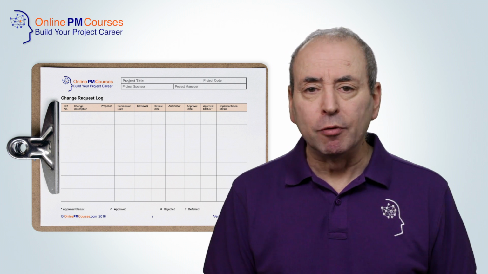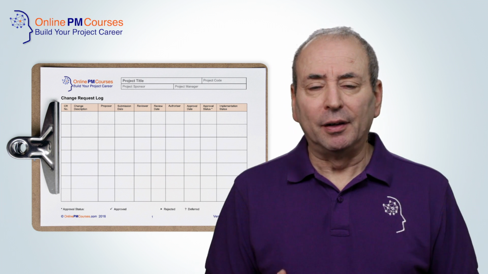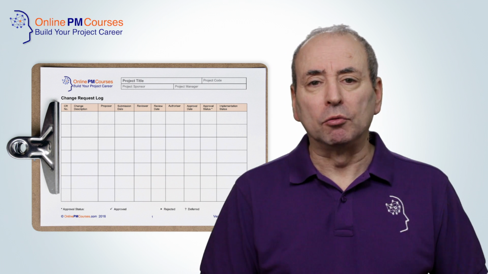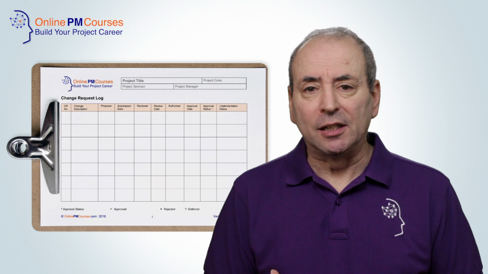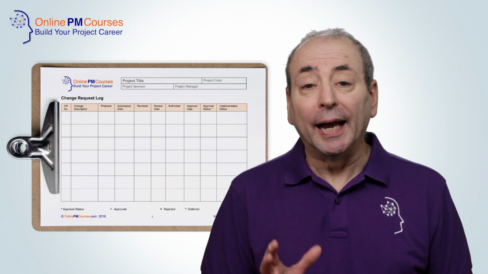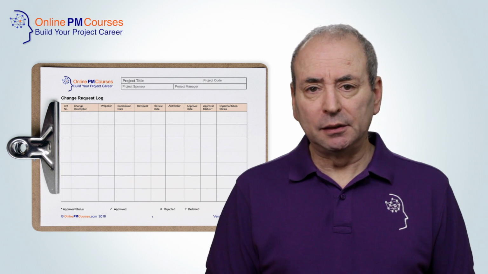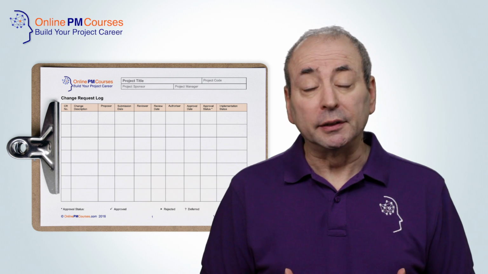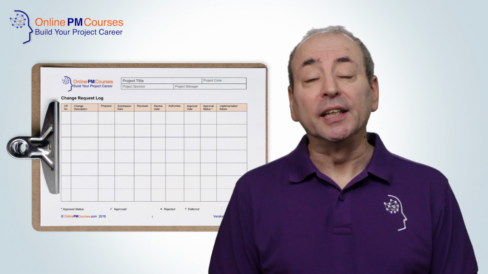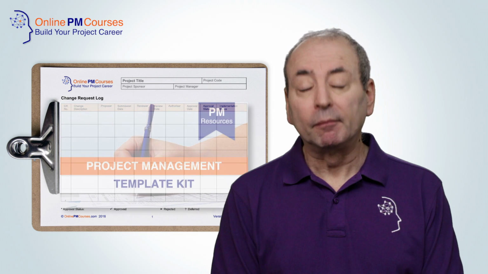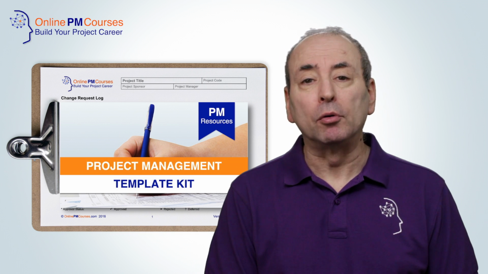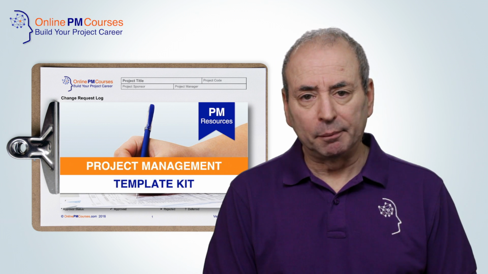And it keeps a record that justifies every increase in expenditure, every deployment of additional resources, every additional delay to the schedule. You may be using a sophisticated project management system with the change control process built in, but if you're not, the ideal simple tool to use for this is a spreadsheet. And yes, we have a change log spreadsheet as part of our project management templates kit.